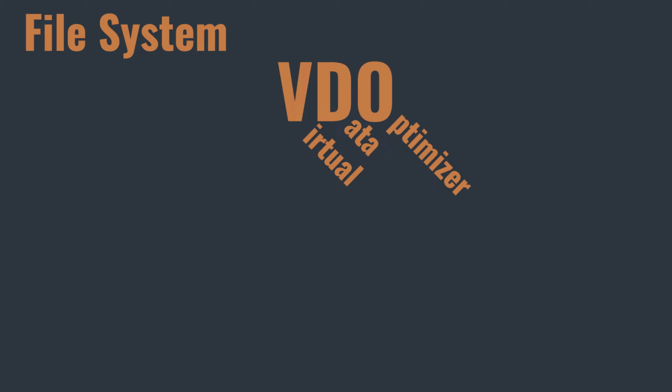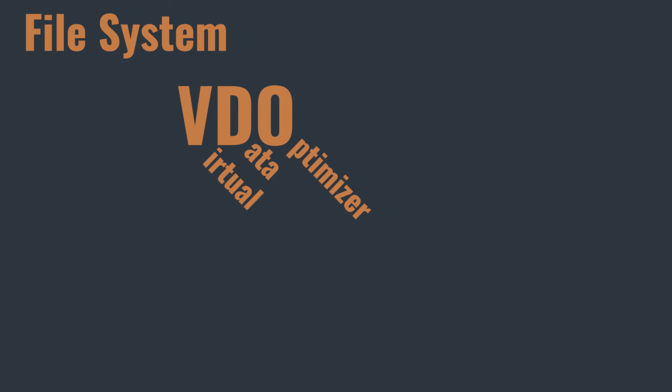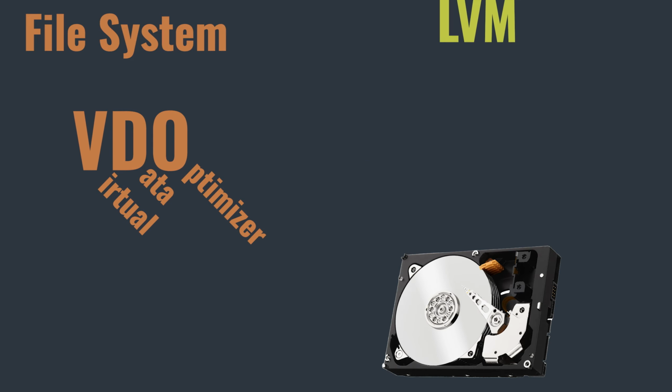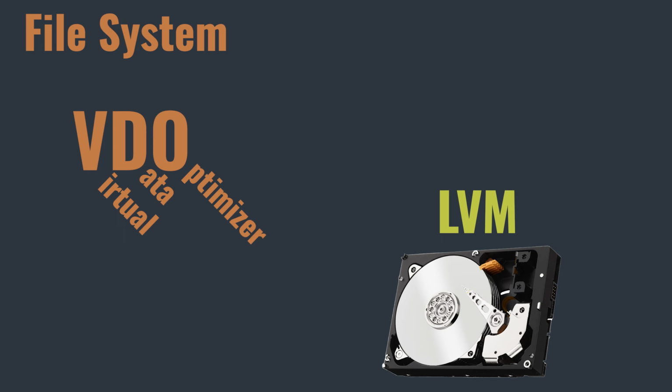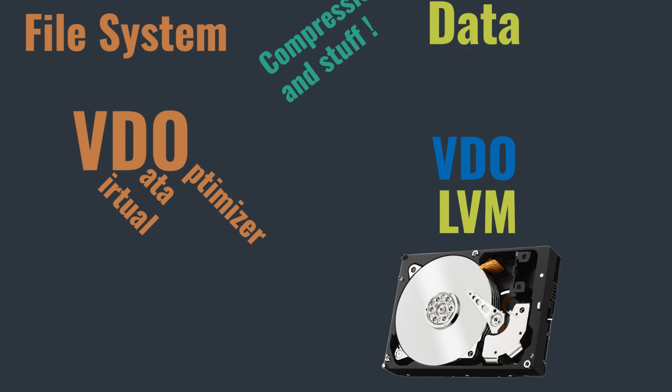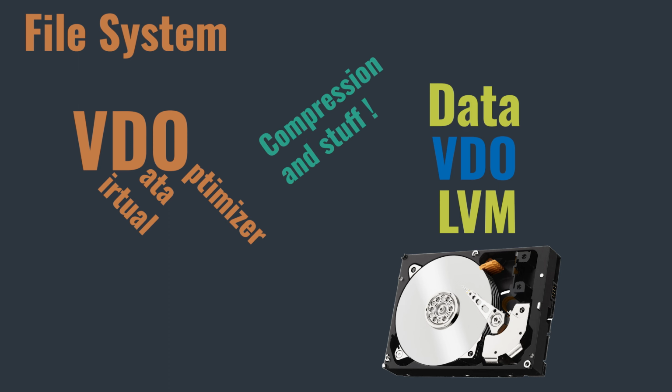It pretty much means that you create a file system, an LVM on your hard drive, you apply the device mapper on your hard drive, and now if you put files on that hard drive, they will be able to be deduplicated.